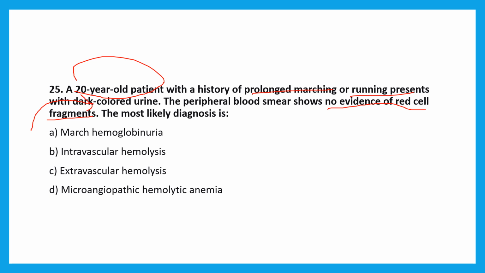What do you think is the correct answer? I think we did repeat this question. There are no schistocytes here, so likely it is march hemoglobinuria. This is a repeat.